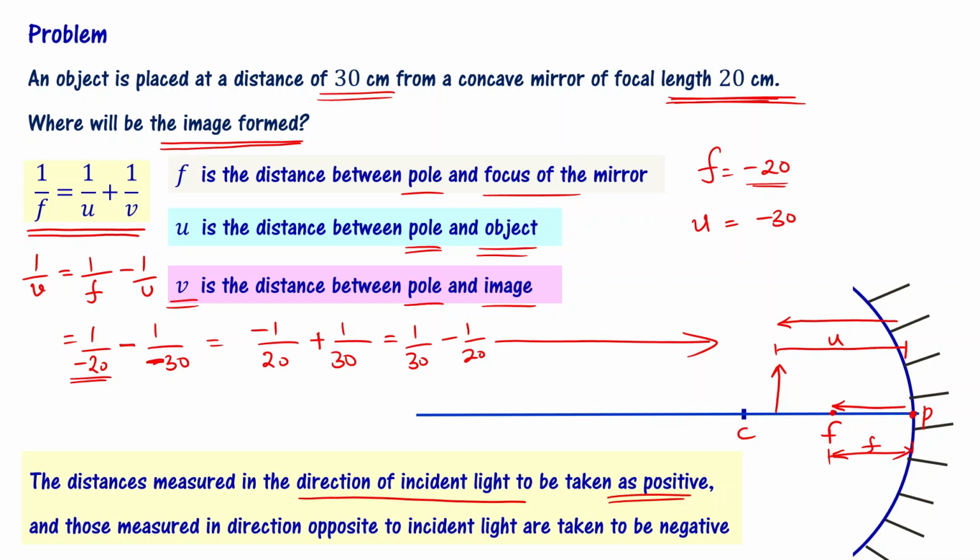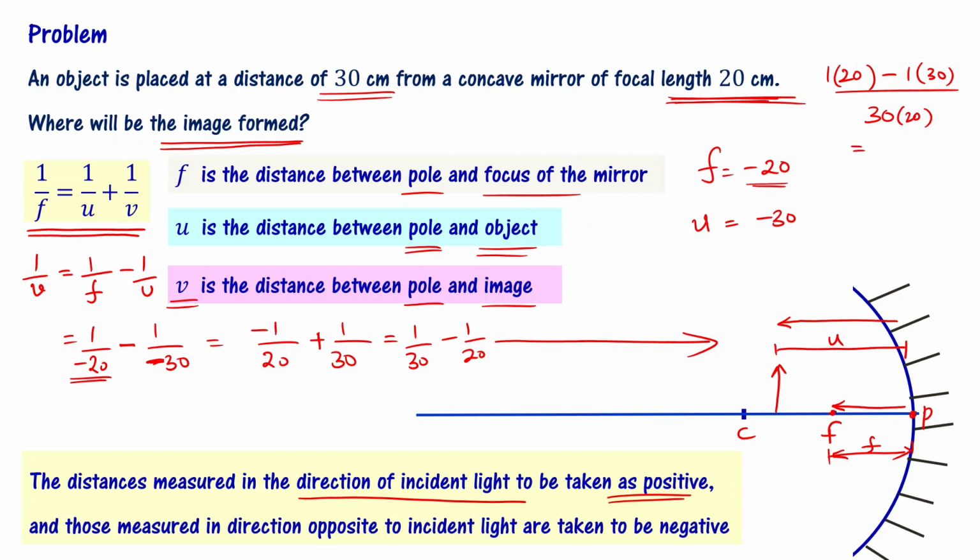Okay, now once you have this, 30 into 20 can be written as the denominator, right? And in the numerator it is going to be 1 into 20 minus 1 into 30, right?